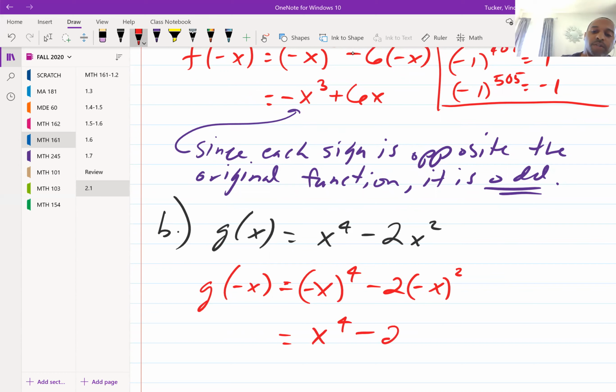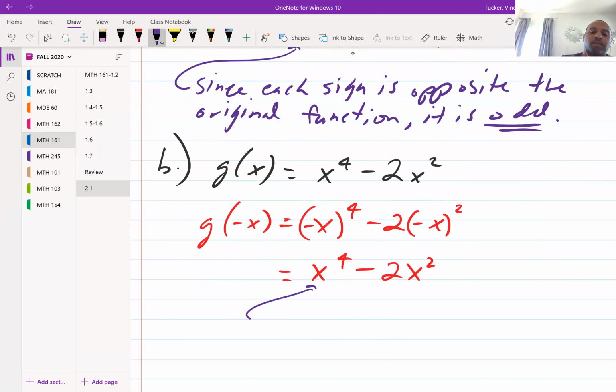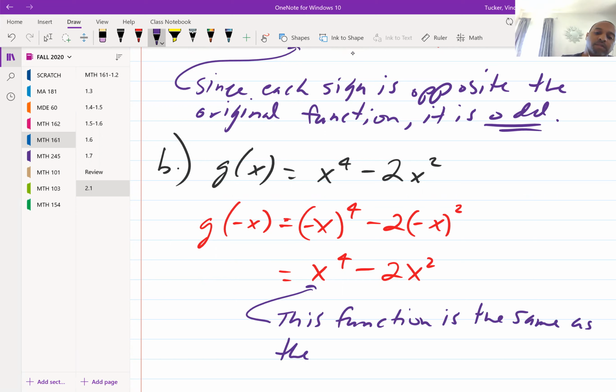Same thing with the x squared, the negative x squared. All right, so this function is the same as the original, so that means it is even.